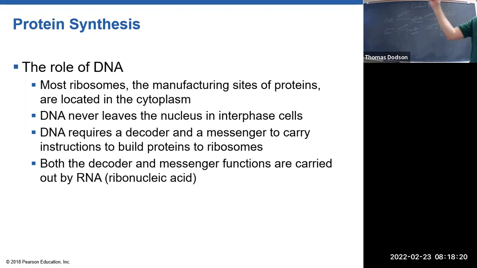Now I'm going to throw in one little step that we've already talked about, and it's kind of right here. So after you make this amino acid, do you have a protein? What do you have to do? The structures.